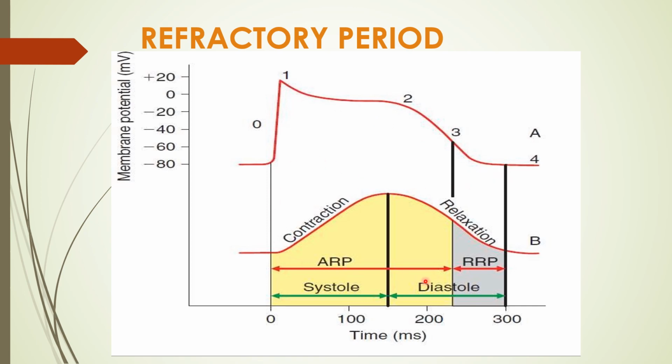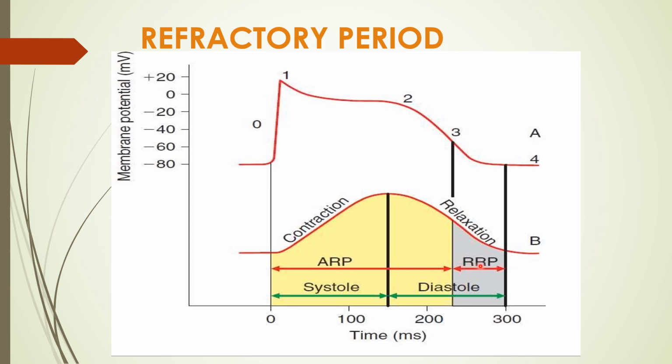And the absolute refractory period is defined as the period during which, however strong the stimulus you apply, the cardiac muscle does not respond at all. That's why it is called the absolute refractory period.